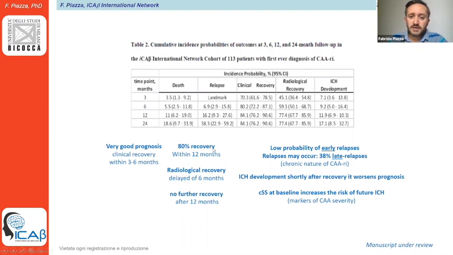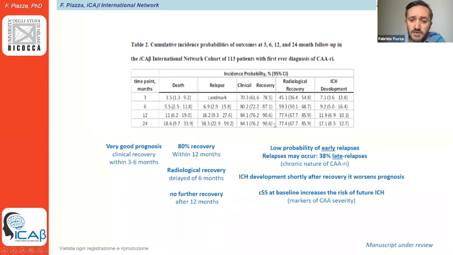The radiological recovery is shifted by 6 months, because we reach almost the same percentages at 12 months, while at 3 and 6 months it is reduced.